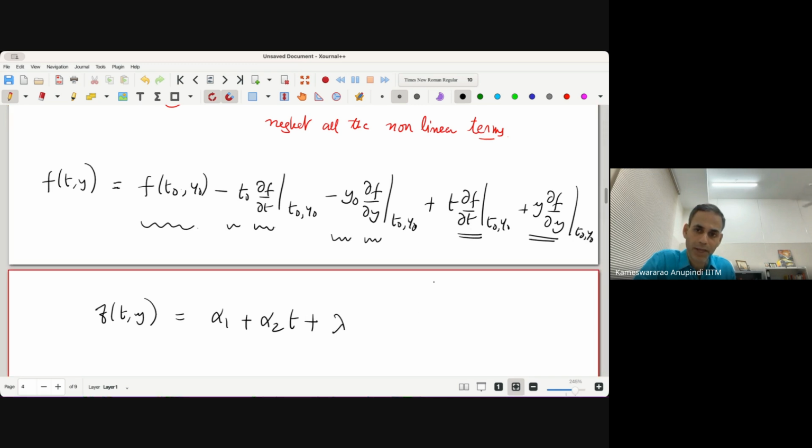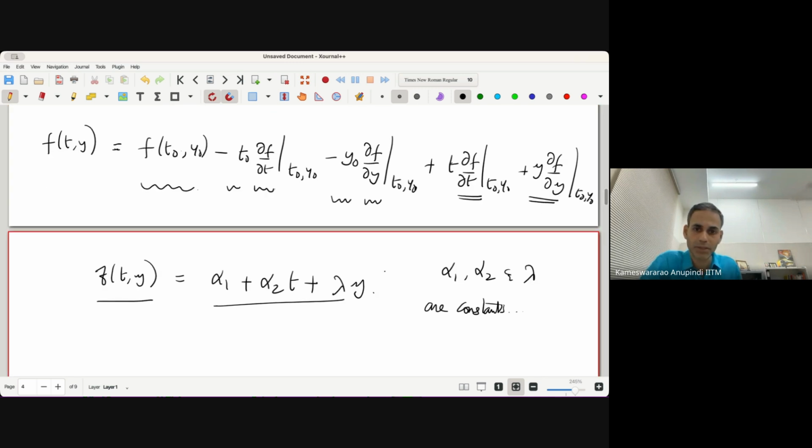Let me call that constant lambda, and then I write lambda times y. So I can simplify the right hand side of the model equation to be alpha 1 plus alpha 2 t plus lambda y, where alpha 1, alpha 2 and lambda are constants. This is the model equation I want to work with.